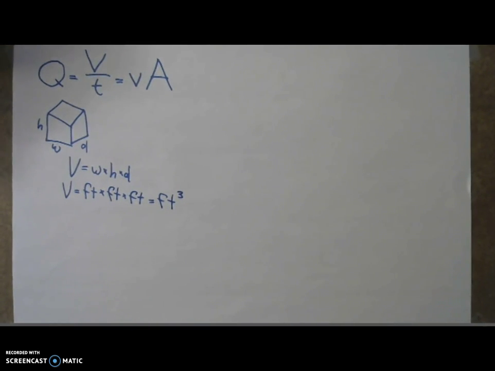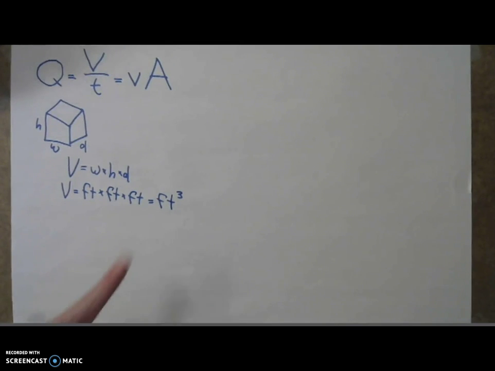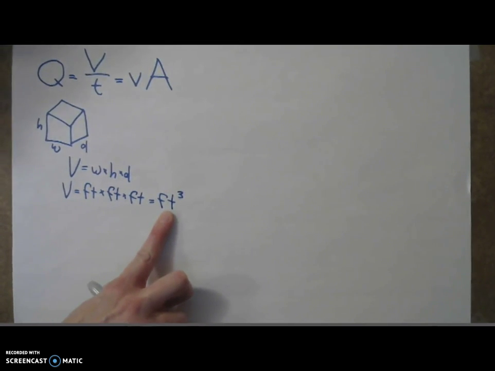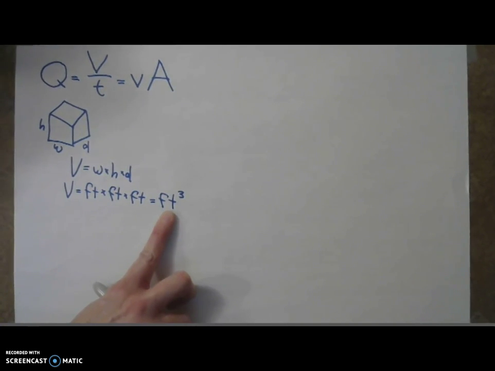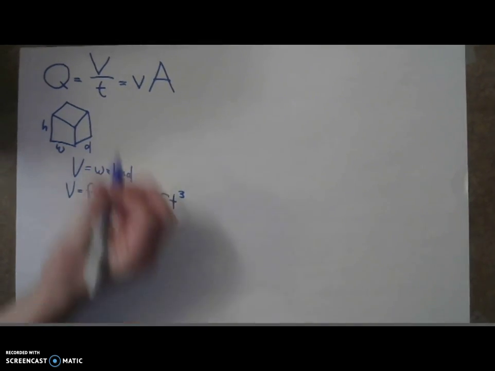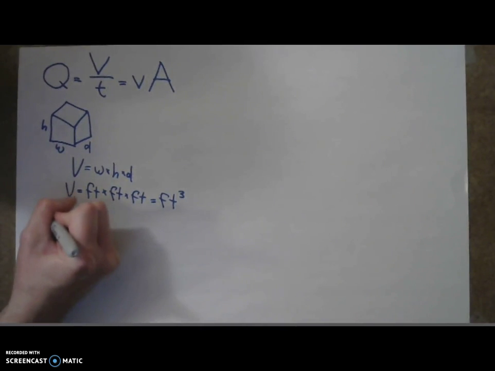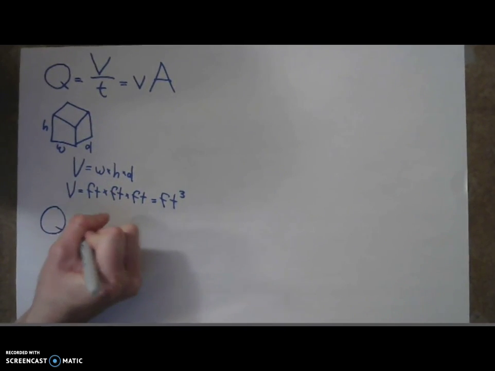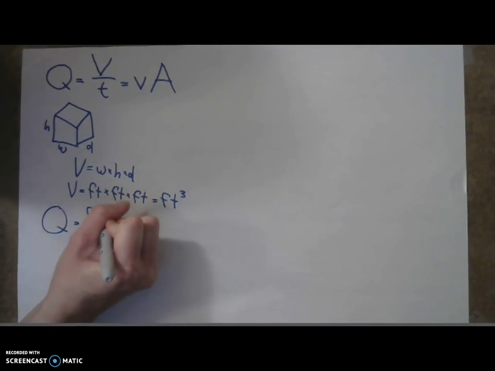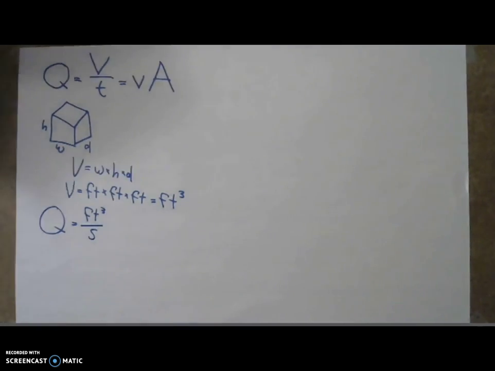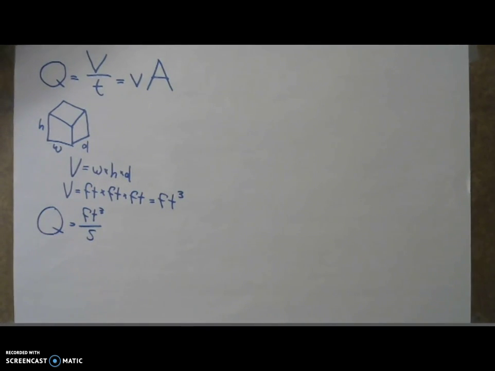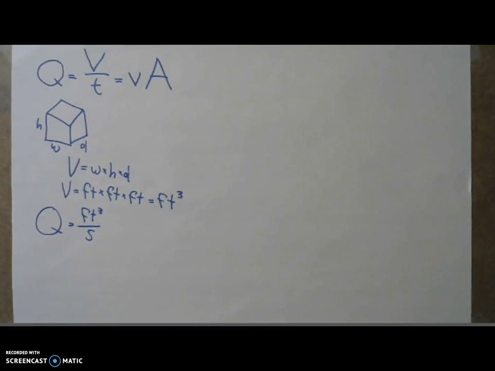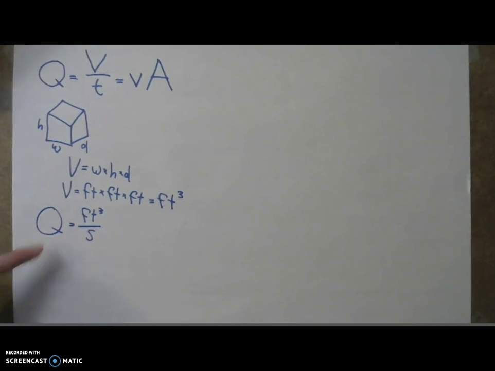Feet times feet times feet equals feet cubed. I have a volume. Feet cubed per second, and I have a volume per time. And the measurements for discharge.